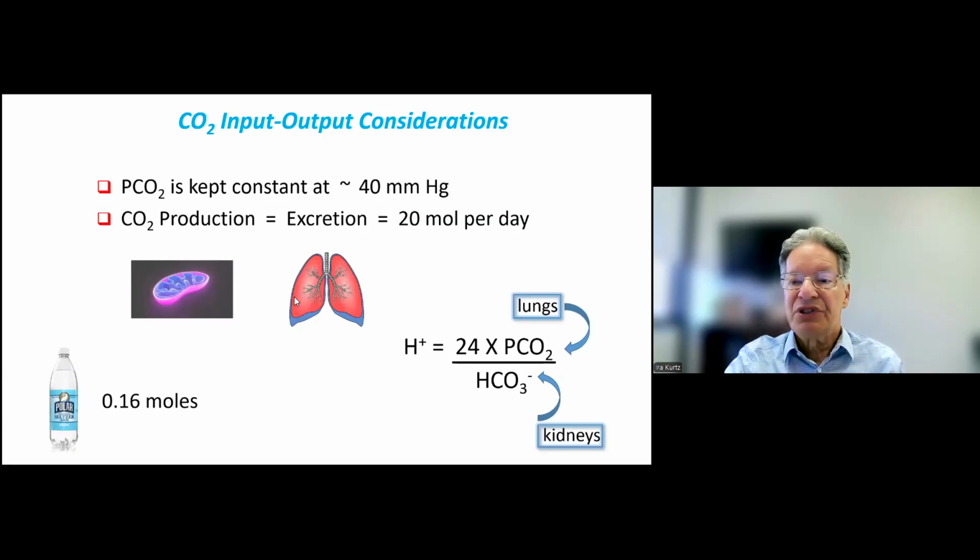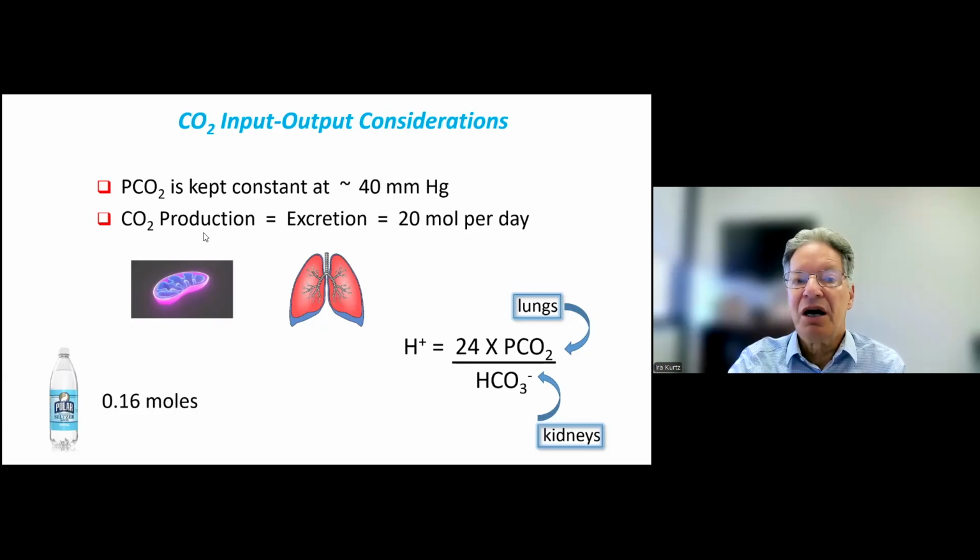Now, these numbers, the PCO2 and the bicarbonate, are kept constant, and that's because of the concept of input-output. There's a production and an excretion that are equal. So why does the PCO2 stay at either 38 in females or 40 in males? That's because the input and output are equal in a normal human. So which means that you must have production and excretion.